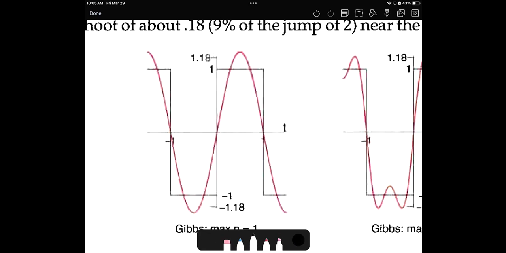This is the actual value, and this is the desired value. So the difference between actual minus desired, and then the percentage, which is 9%.